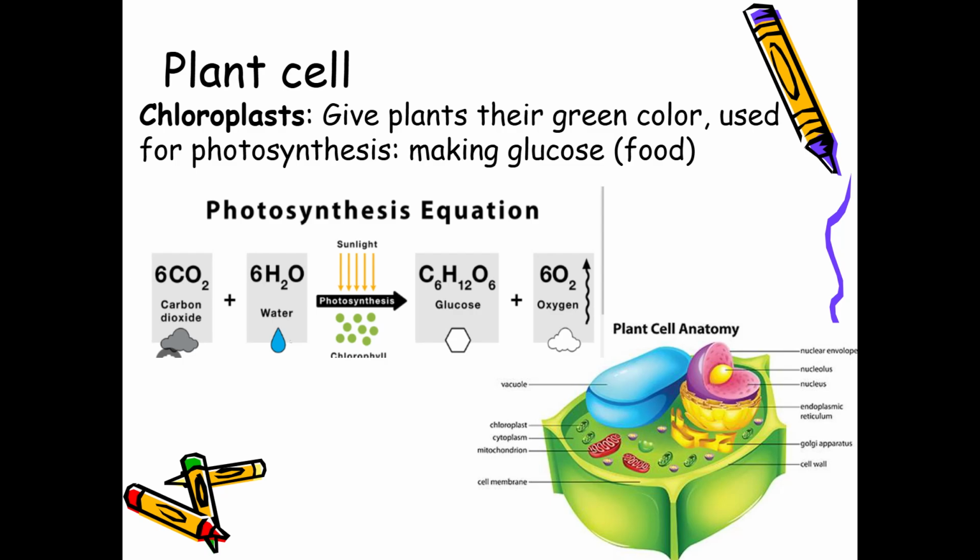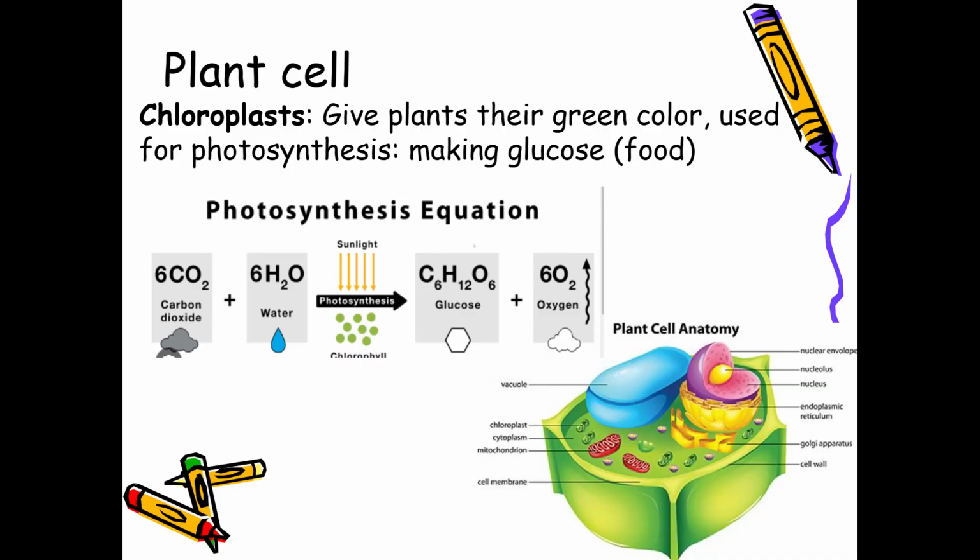And then I do want you to write down this photosynthesis equation. You don't have to draw the pictures and all that kind of stuff, but I do want you to write CO2 plus H2O, and then the arrow, and then C6H12O6, which is glucose, plus O2, which is oxygen that's released. Okay, so that's what we're looking at in photosynthesis.